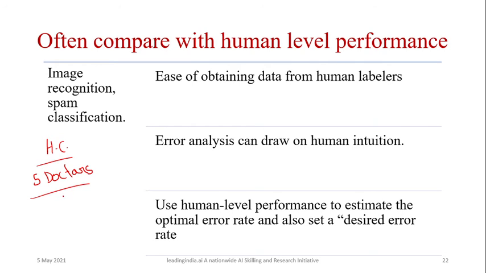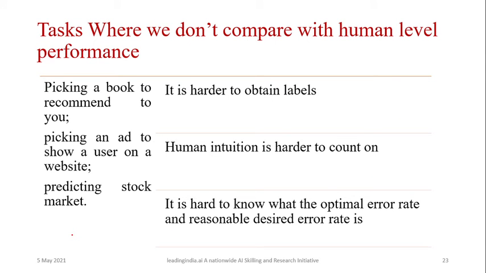If those five doctors are able to achieve 95% accuracy, and your model is achieving 94.5, then your model is giving very good performance. In those cases, we compare with human-level performance.